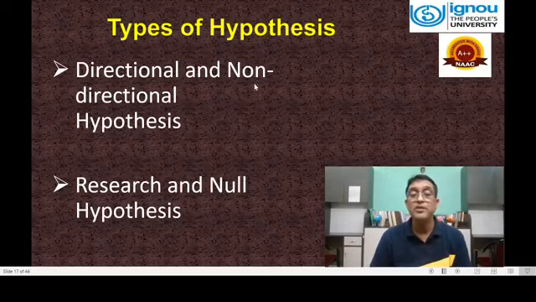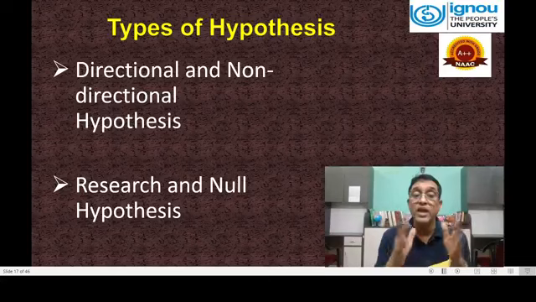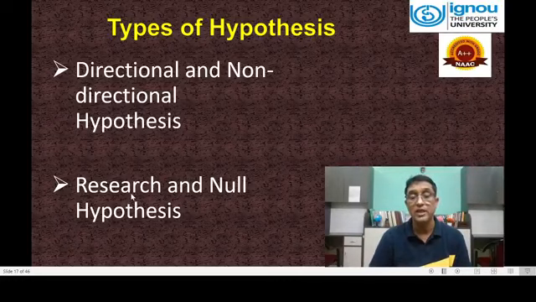And if you are not providing any direction towards the result of your study, then it is a non-directional hypothesis. Another type is the research and null hypothesis. What is a null hypothesis, which is also called a statistical hypothesis? You will study that further.